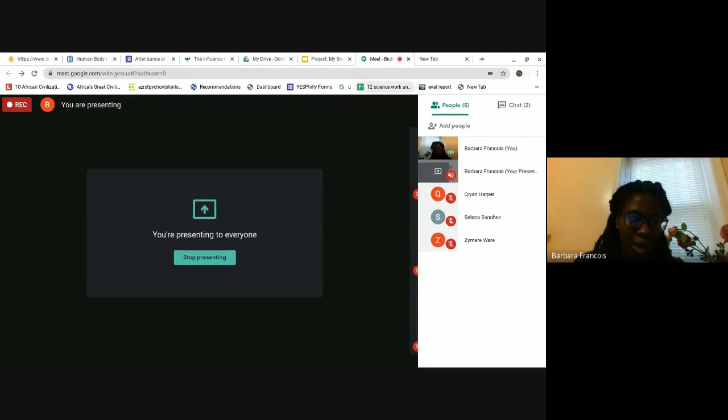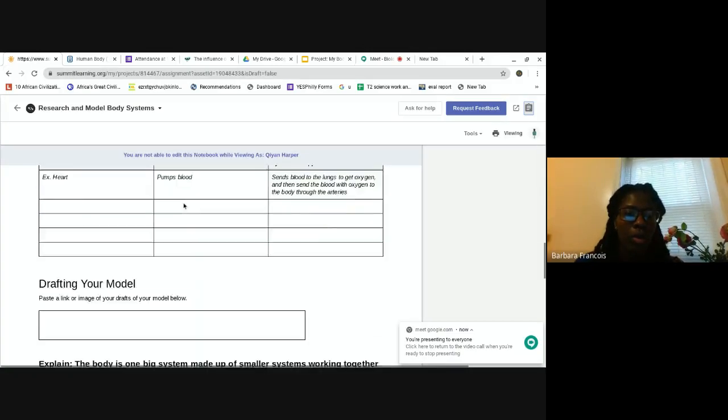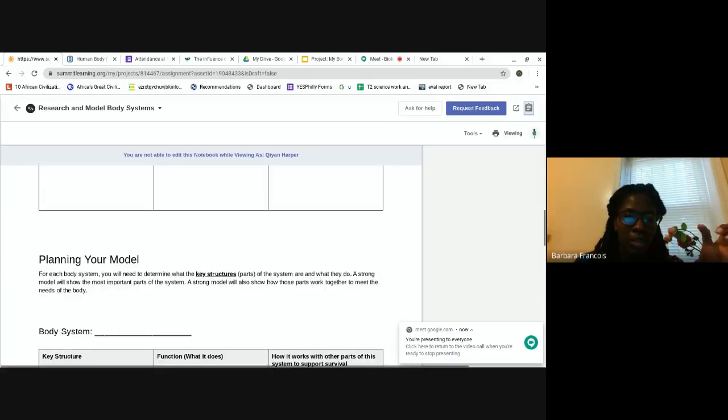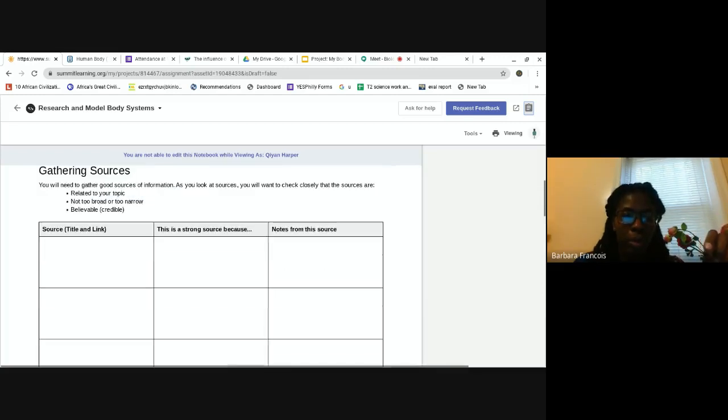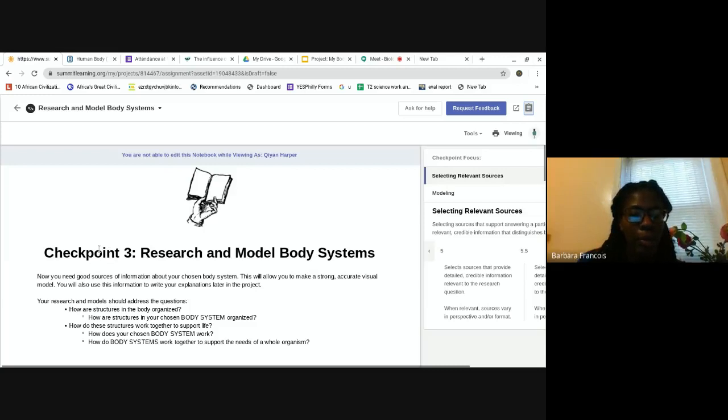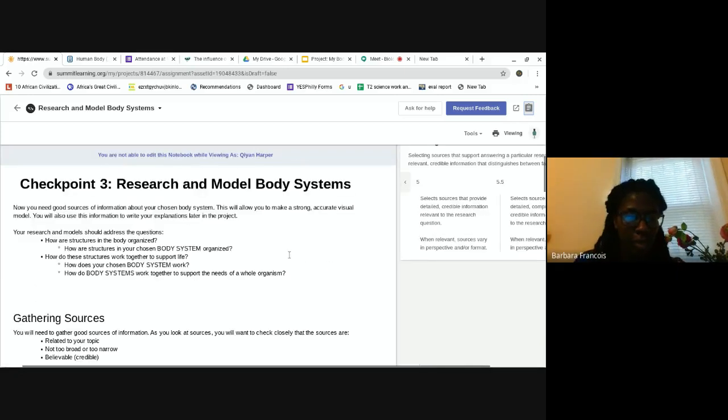I removed that checkpoint. So when you go to Summit, instead of seeing checkpoint one, two, three, you're gonna see checkpoint one, checkpoint two, because checkpoint two is really checkpoint three, where you research the model of the body system that you had chosen.